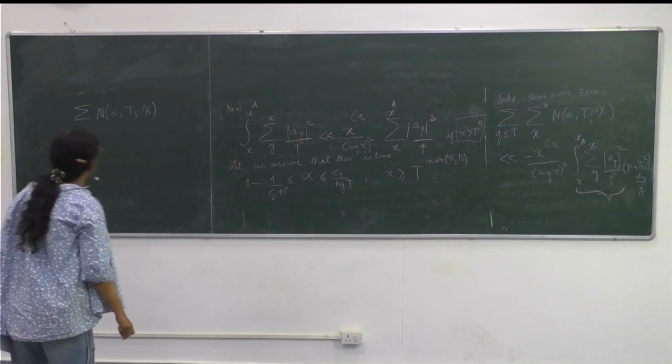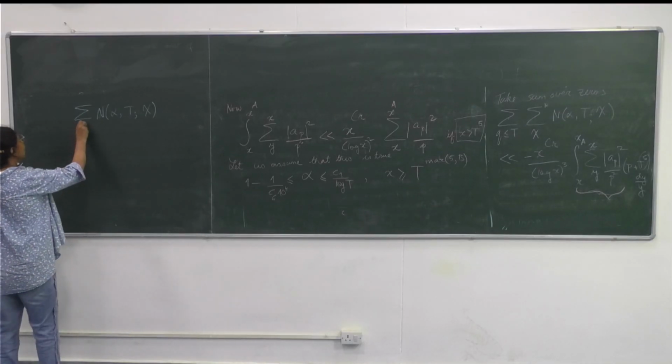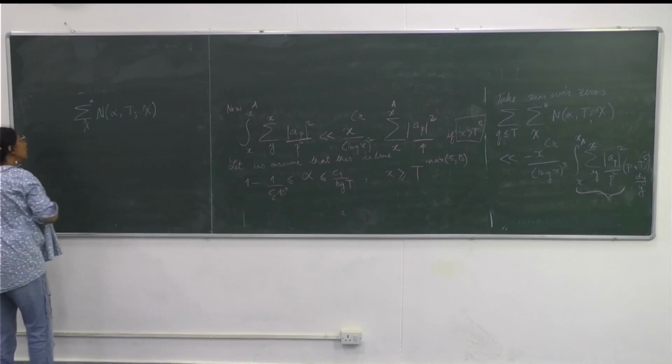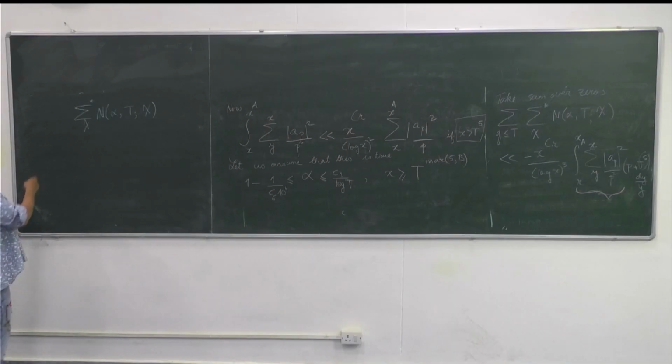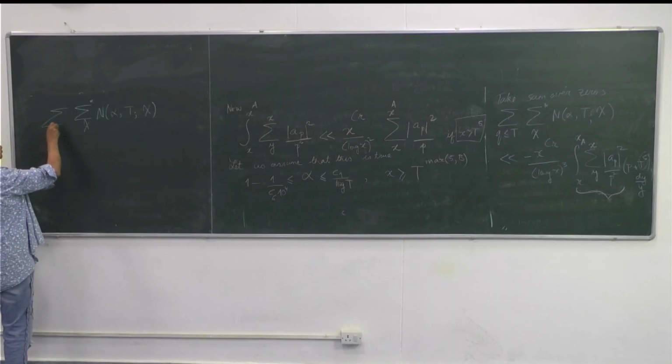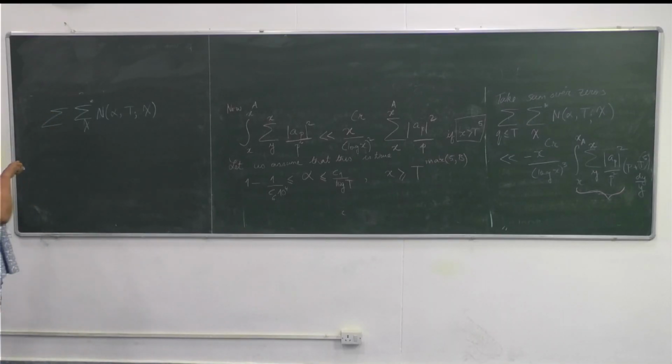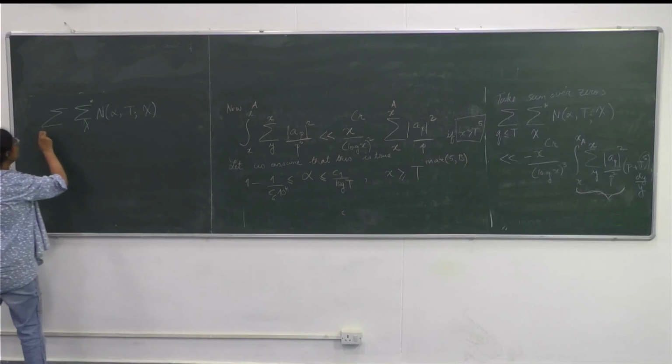Taken over all chi. Okay. And summed over all q. And q is what we assume is less than or equal to capital T, this T.